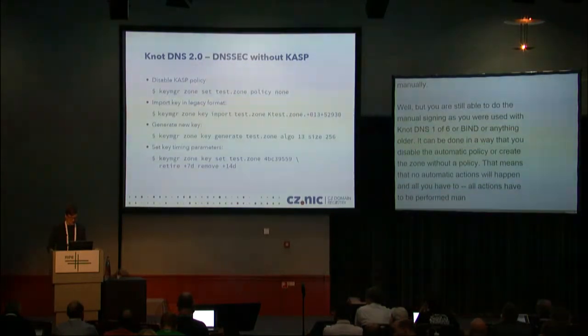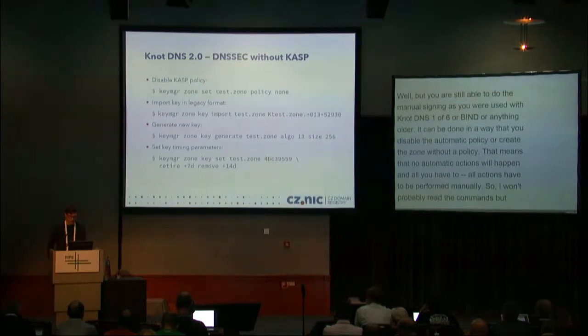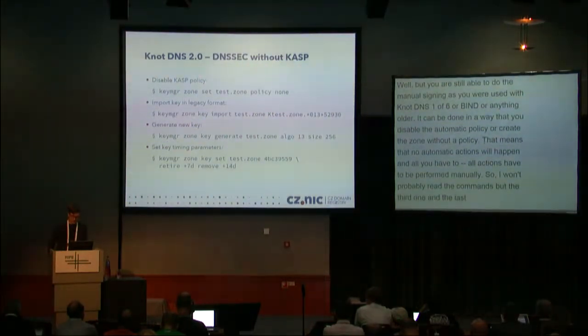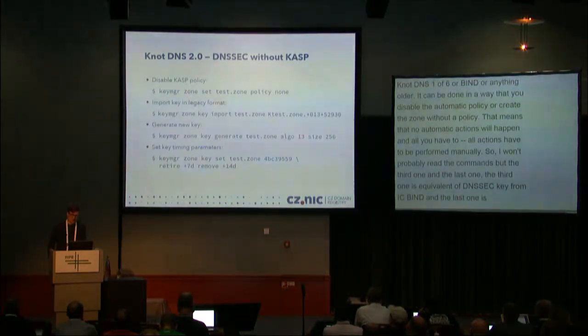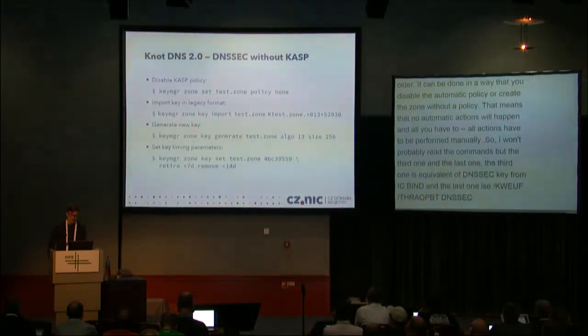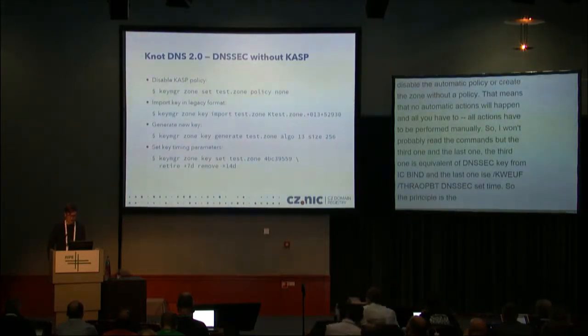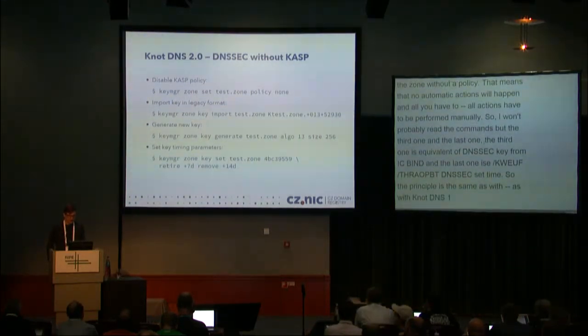So I won't probably read the commands, but the third one and the last one. The third one is equivalent of the dnssec-keygen command from ISC BIND. The last one is equivalent to dnssec-settime. So the principle is the same as with Knot DNS 1.6 or BIND.